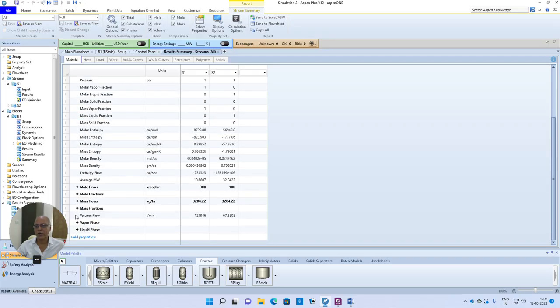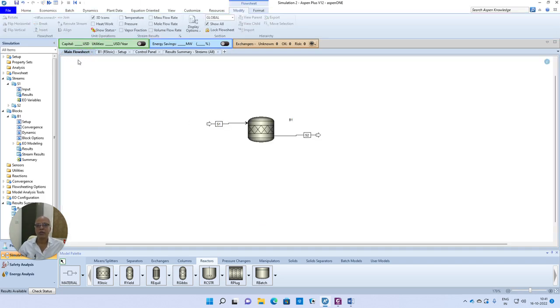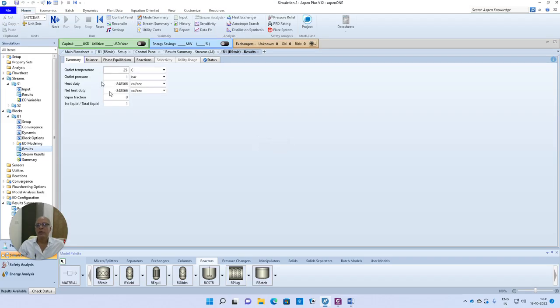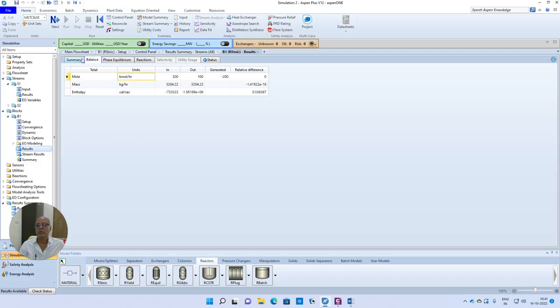Okay. I think you will be able to see the stream summary. Temperature and pressure are constant. The mole flows, 100 moles and 200 moles of hydrogen are entering, but they are completely converted, giving rise to the formation of 100 moles of methanol, the product. Similarly, you can also see the balance. So the mole and energy balance is addressed.